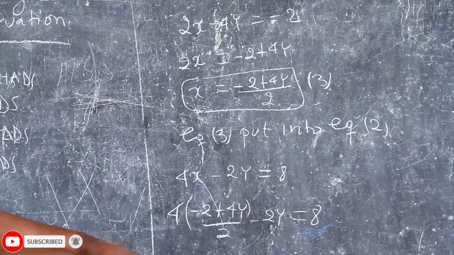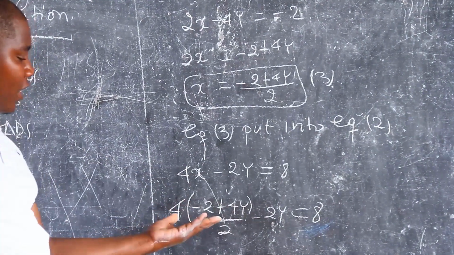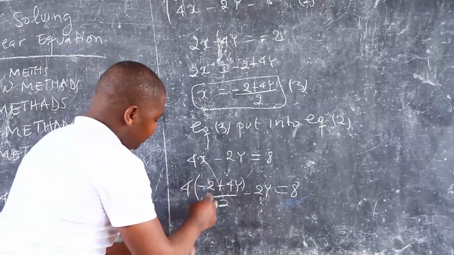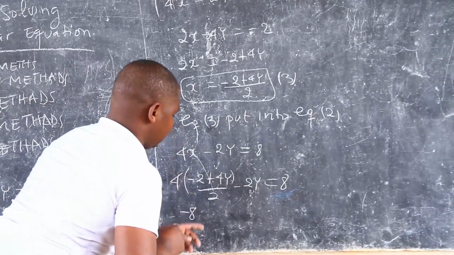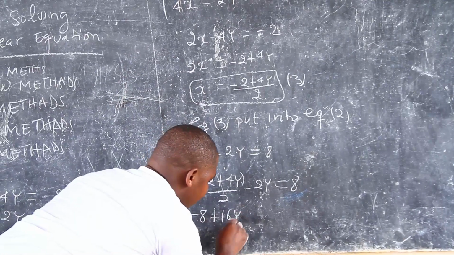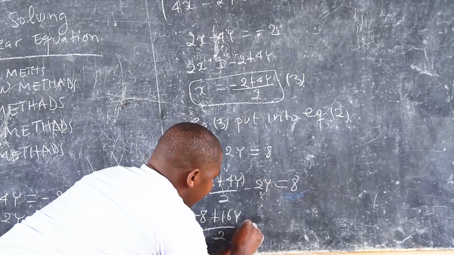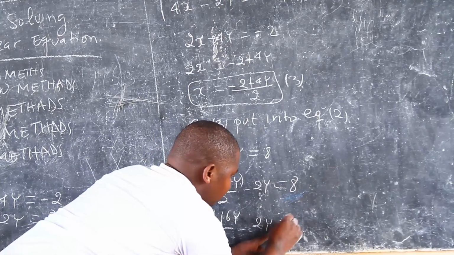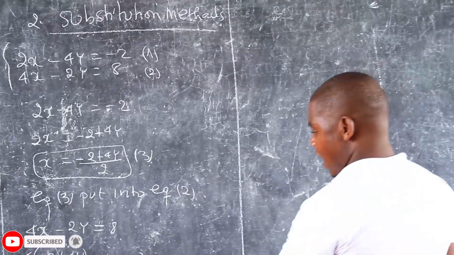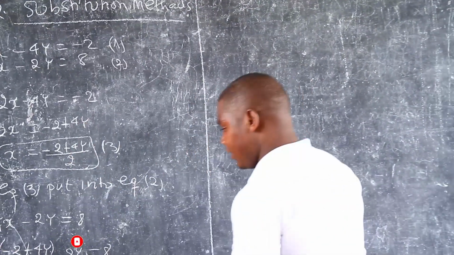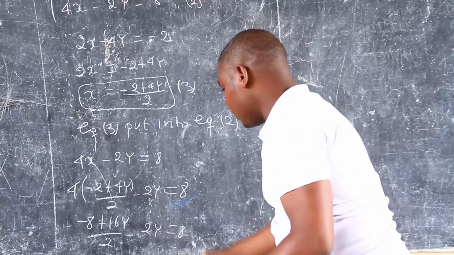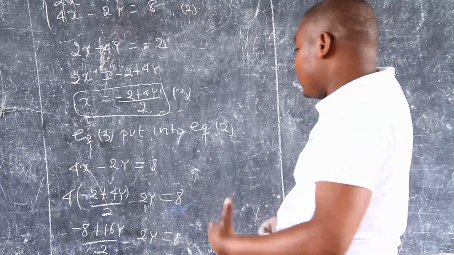In order to find the value of y, 4 times negative 2, I found negative 8. 4 times 4 equals positive 16y over 2 minus 2y equal to 8. If I have a whole number and a fraction, I can put them into fractions.